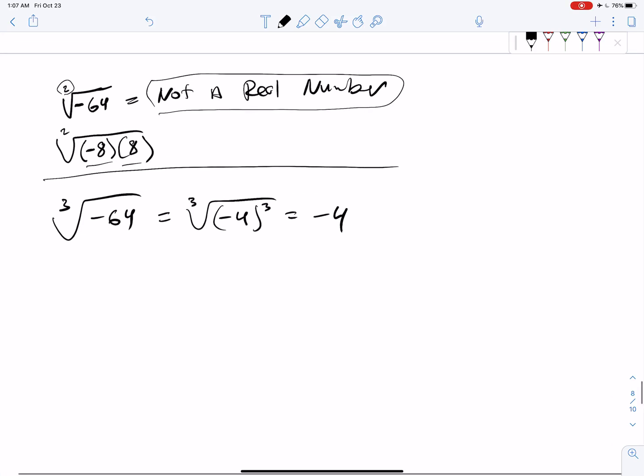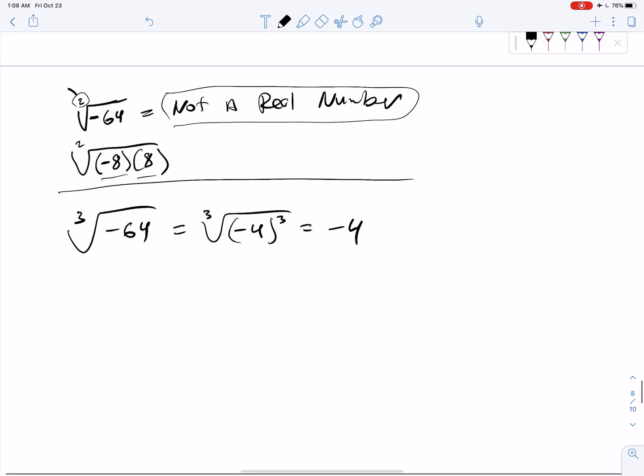Once again, what made this not a real number, with a negative under the radical, was that the index was even. And why did it work here? Because the index was odd. And what's so great about odd indices? Well, an odd number of negatives is going to remain negative, whereas with an even index I have to use 2 negatives, and it's not going to stay negative.